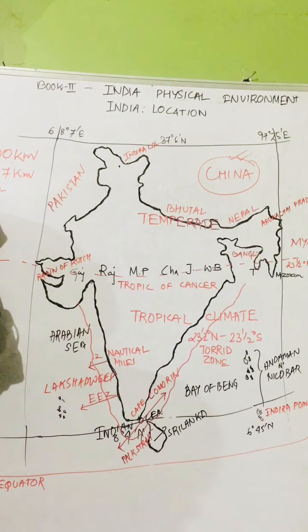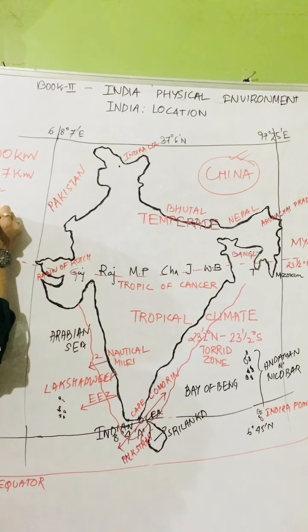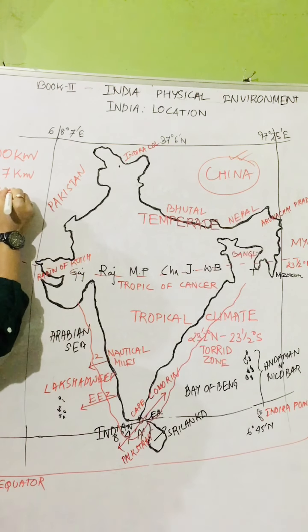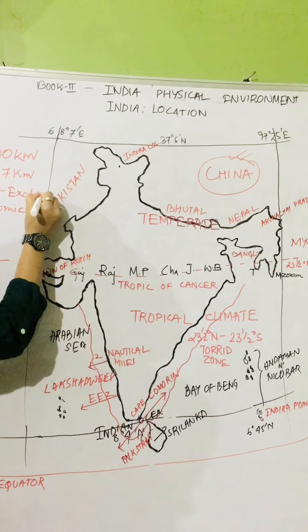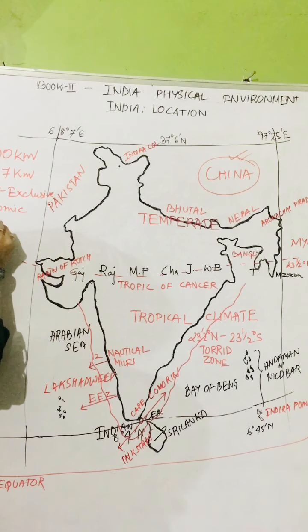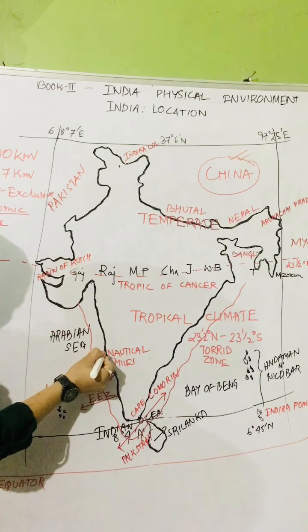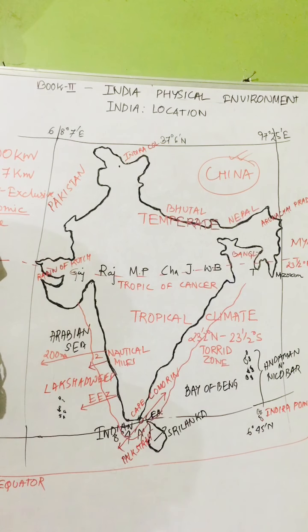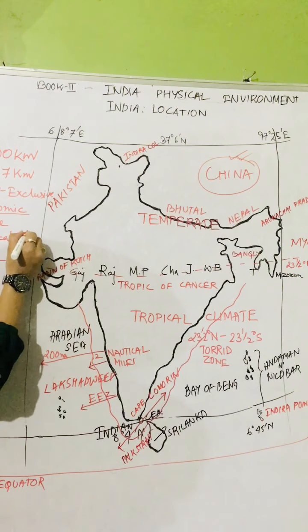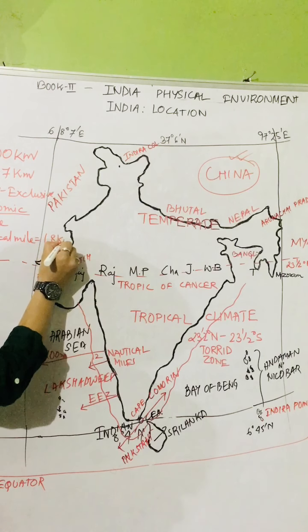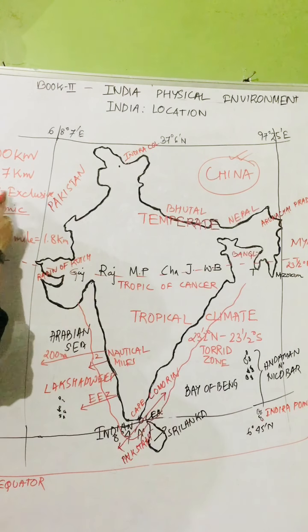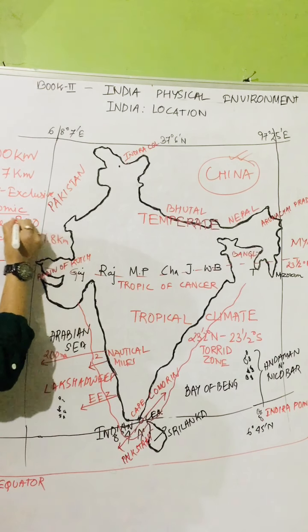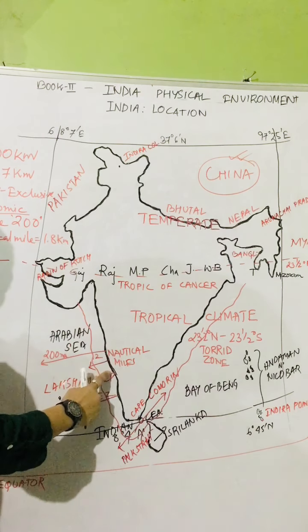EEZ refers to exclusive economic zone. The word economic means it is till 200 nautical miles. 1 nautical mile equals 1.8 kilometers. So India has an EEZ of 200 nautical miles from the baseline.